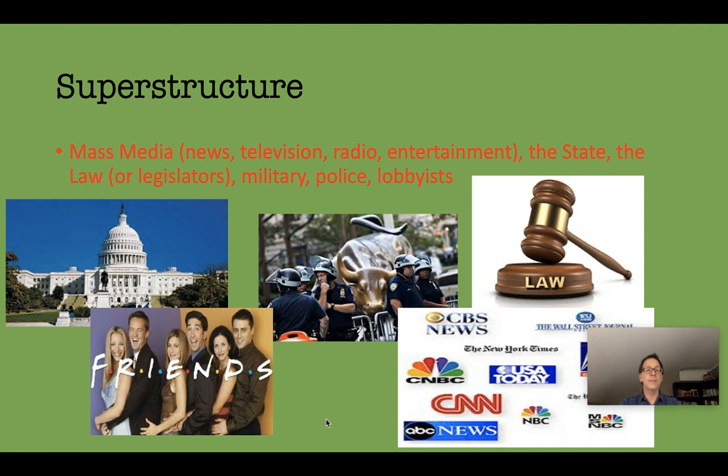So the military is a certain aspect of the superstructure. The police is an aspect of the superstructure. Lobbyists, people who lobby on behalf of corporations in Washington D.C. to lawmakers, they would be considered an aspect of the superstructure.